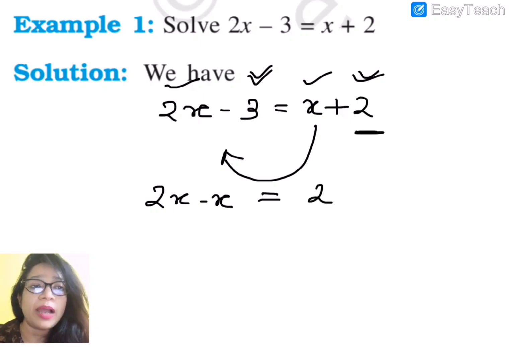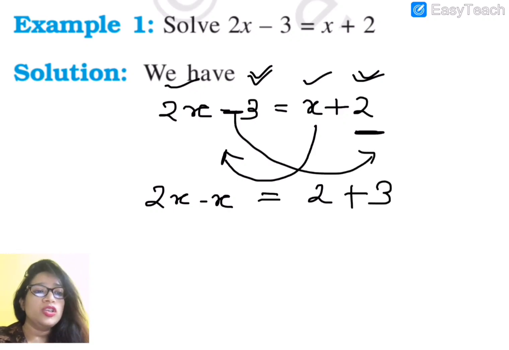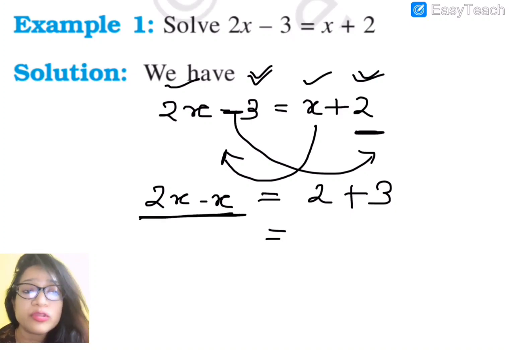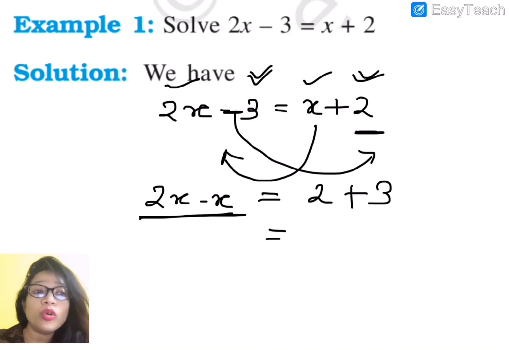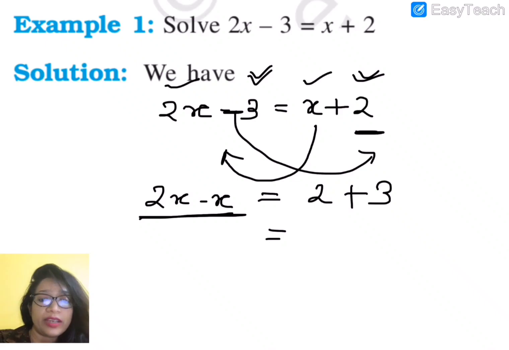And this minus 3, if this comes to the right hand side, it will become plus 3. So, what has it become? It has become 2x minus x. We have got the like terms on the left hand side, that means both the terms with the variables on the left hand side, and on the right hand side we are getting numbers.